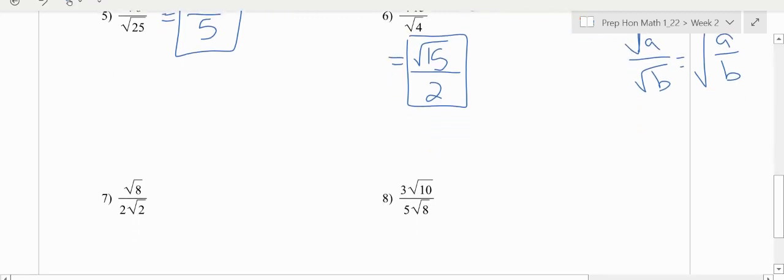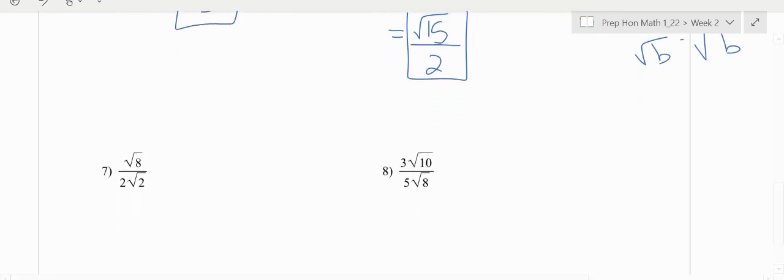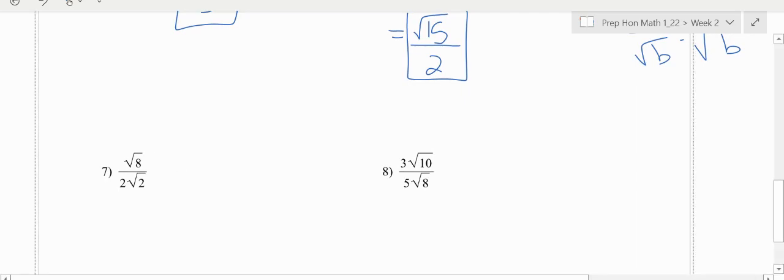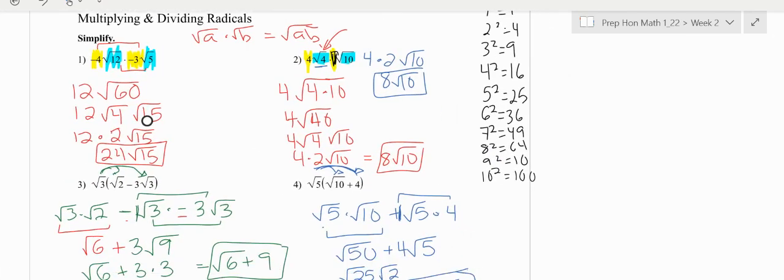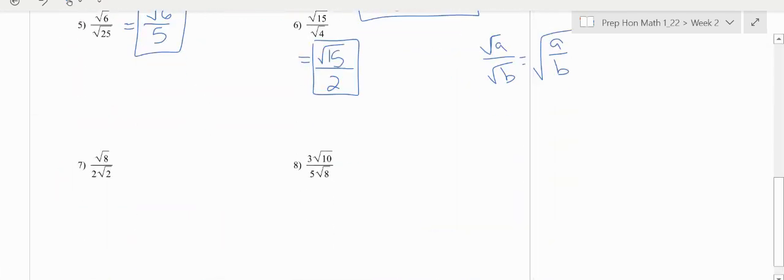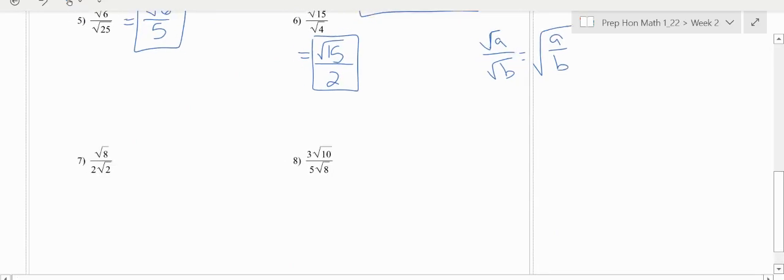For the last two, we might have to do something a little different. If we don't see a perfect square, one thing we might want to look at is if I put them under the same radical, do they reduce?